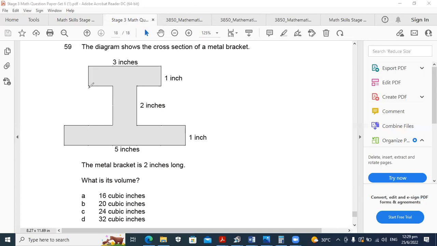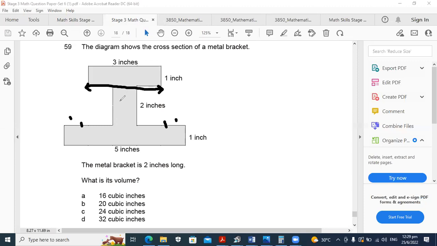Because look, all right, all of this is 3, right? All of this piece is 3. This is 1 and that's 1.